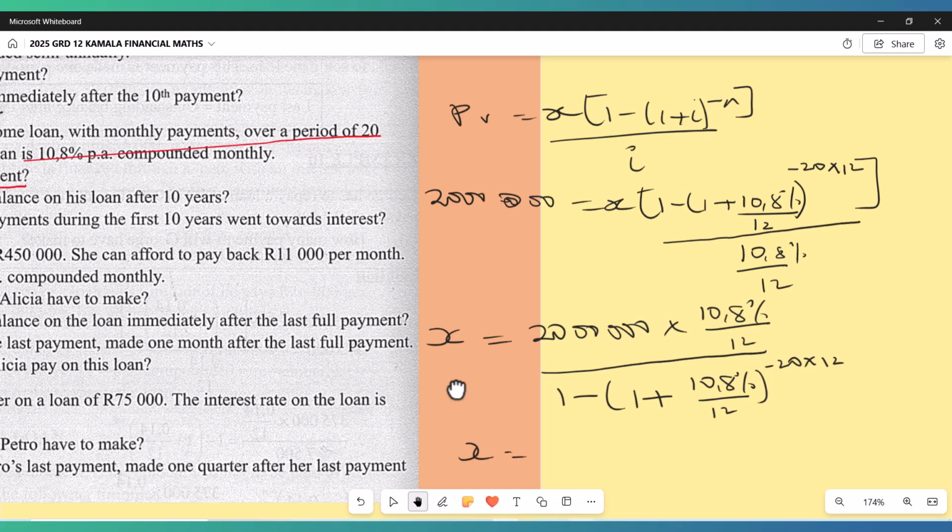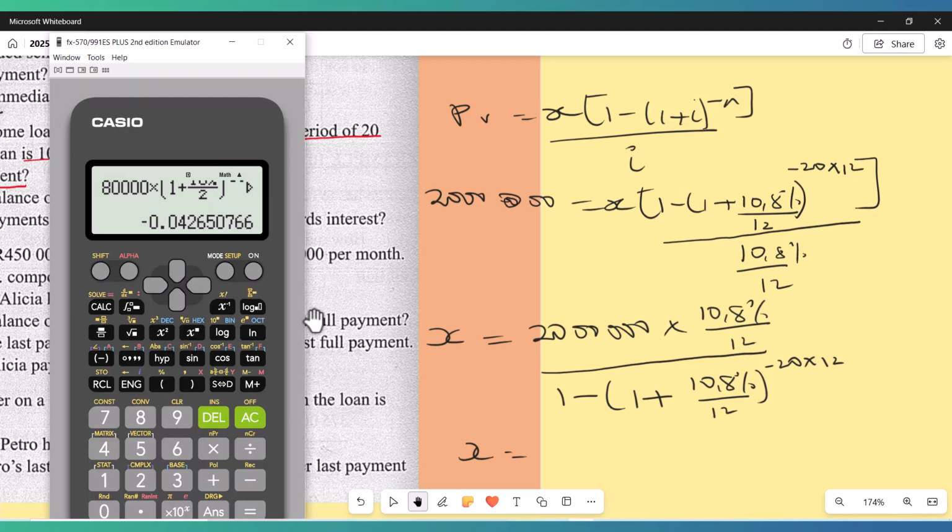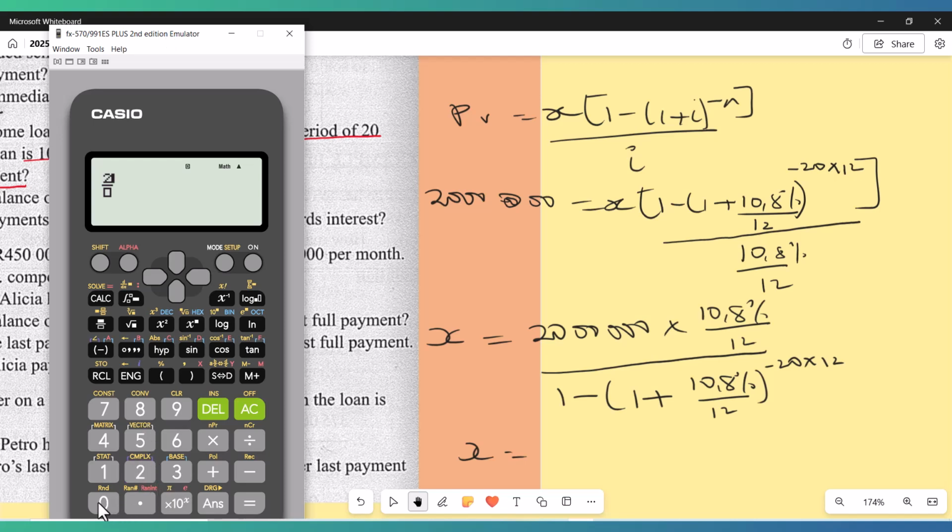Let us punch in together. Now our calculator, where are you? We press the fraction button, then the 2 million, then times fraction button again, 10.8%, over 12, then all over 1 minus, open bracket, 1 plus, fraction button, 10.8% divided by 12.